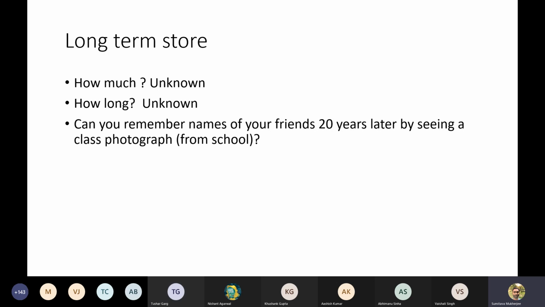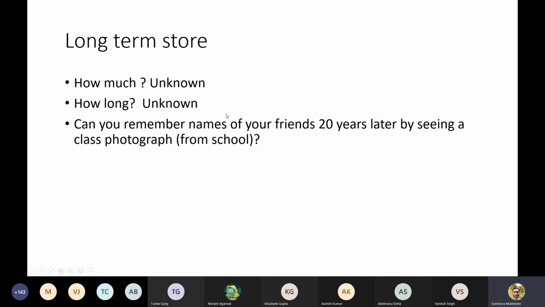I'm sure most of you have better memory than me. I don't really have a good memory. But still, when I see a school photograph randomly taken when I was in class 5, which was in 1995, that day I tried this exercise, and I could recollect about 17, 18 such names from school.